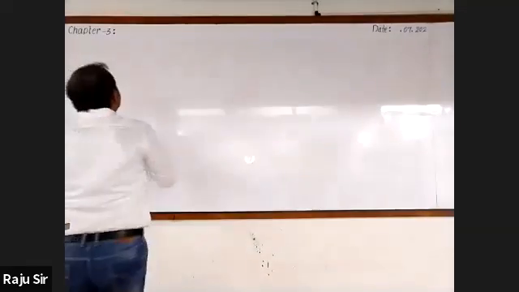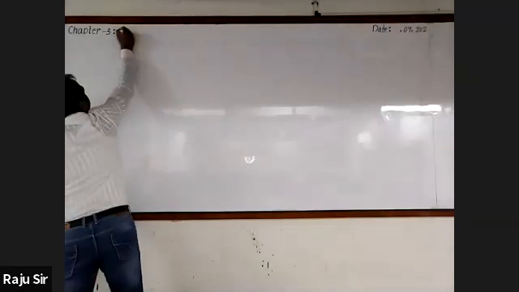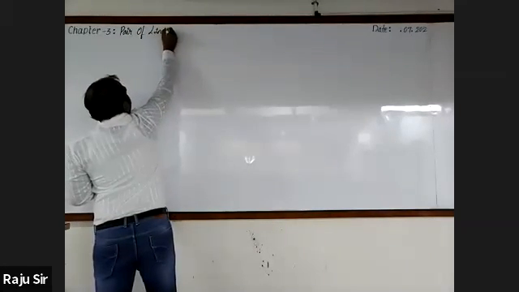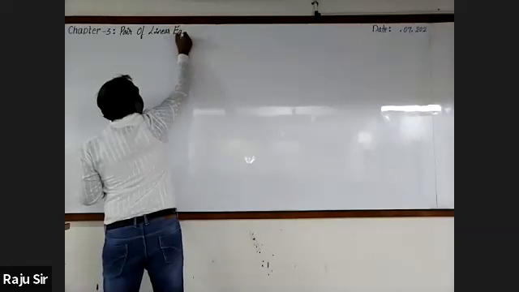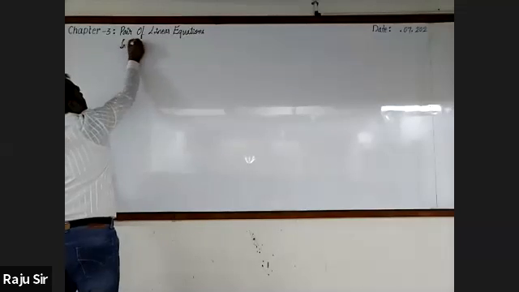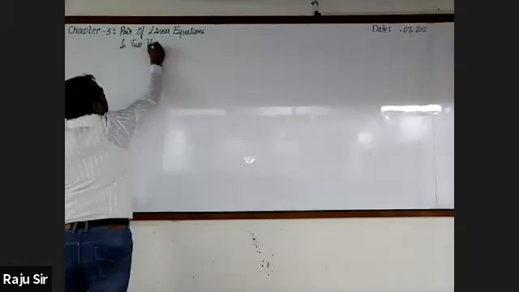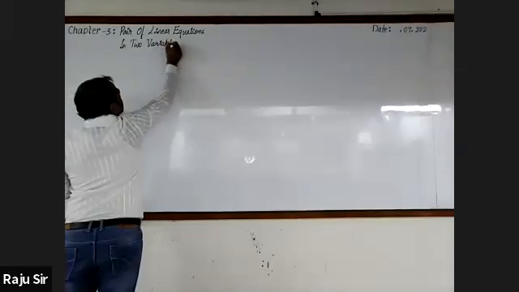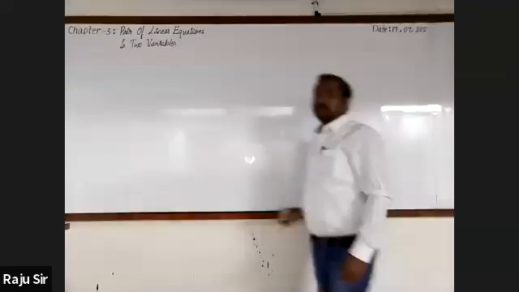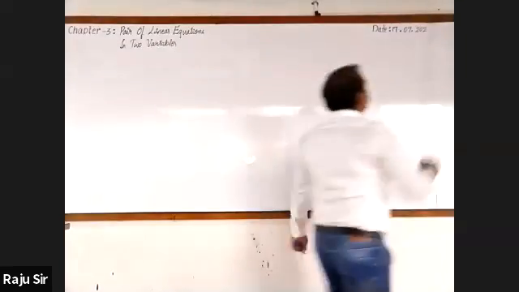Pair of linear equations in two variables. Today's date, today it is 17/7/2021.